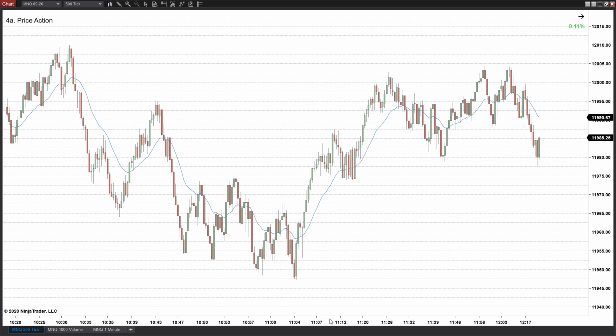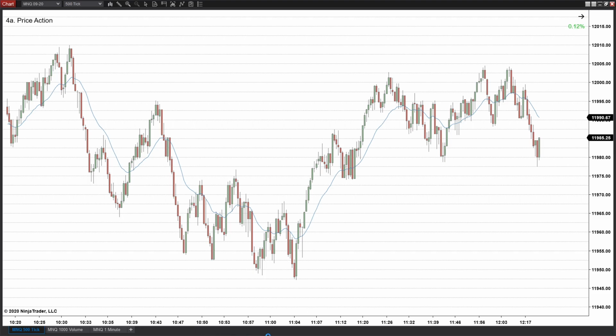It is based on trade volume. So it gives us a more in-depth look at what's going on behind the scenes rather than just over a specific period of time.